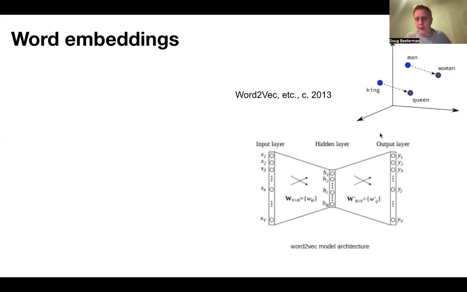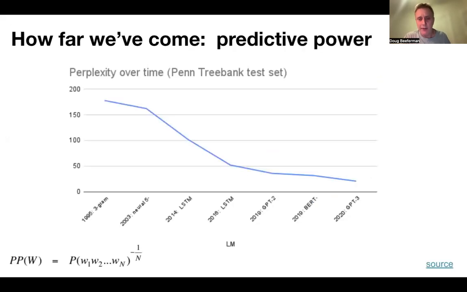Word2Vec in particular let you do cool math on the word vectors that you could use in analogies. You could do things like man minus woman plus king equals queen, or did I have that right? Man minus king plus woman. Well, anyway, you could do math on the word vectors to do some common sense analogies.